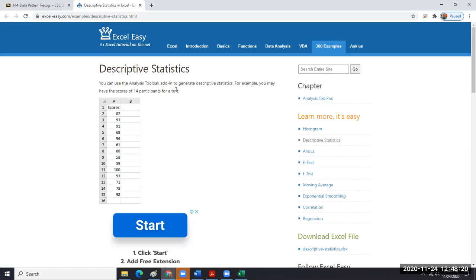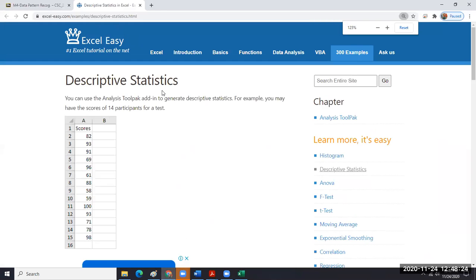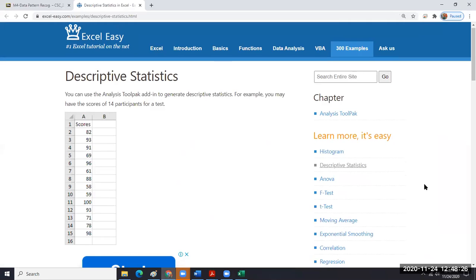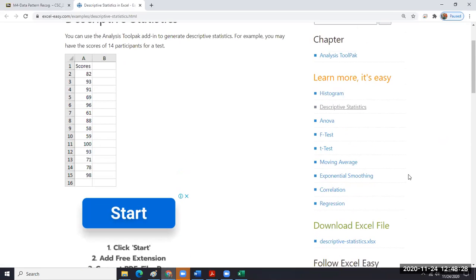Well, I found this website, and oh man, I wanted to throw a party because it does a better, quicker, more efficient job of explaining how to do this stuff.